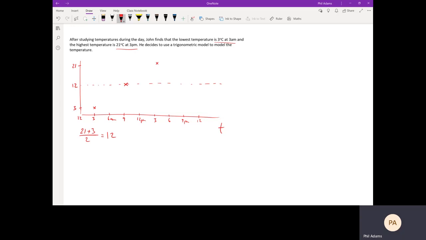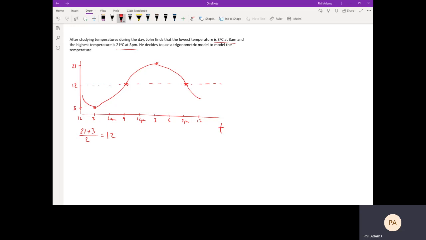Okay, because that's midway between the lowest and the highest point. And then another 6 hours on, after our high point, it will come back down through that midpoint. So you can sort of see a rough shape of our curve now. So that's going to come like this, down to our low point, and then back up again. It's a terrible looking model, sorry. That comes down and then starts to come down like this.